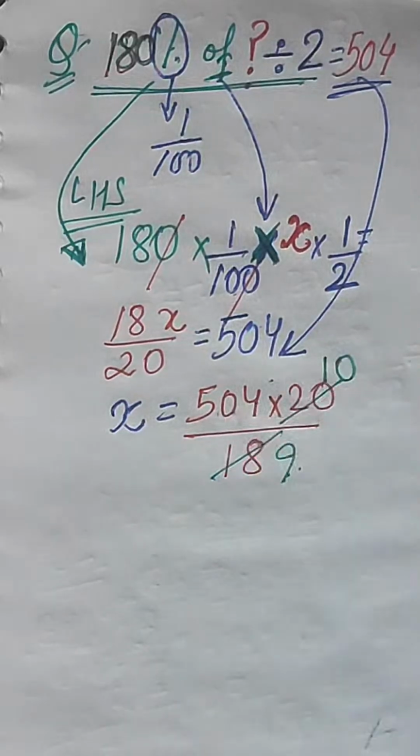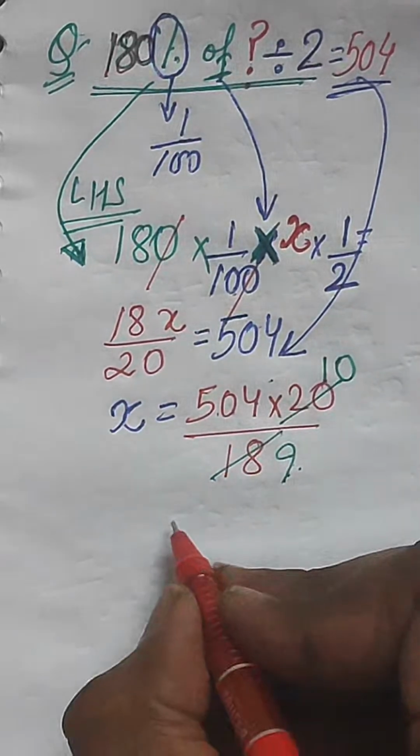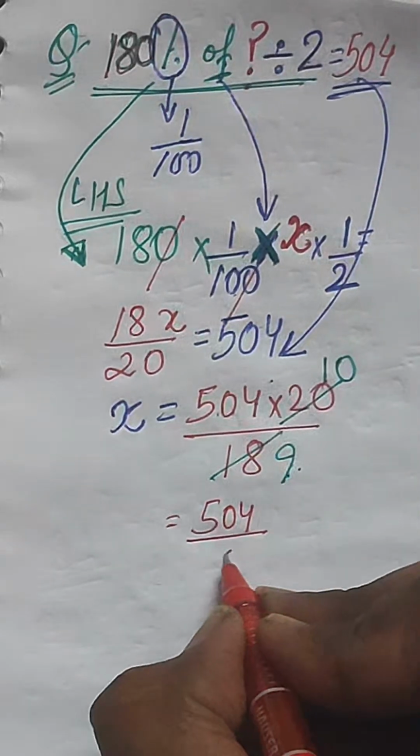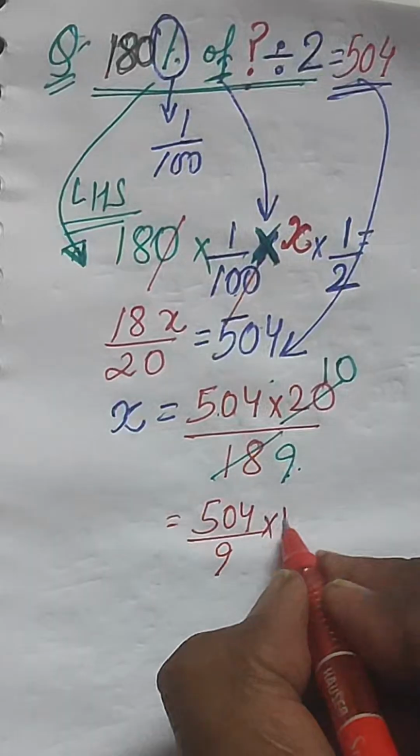From 9, 504 will be divided, and let me write it in another step: 504 by 9, into 10.